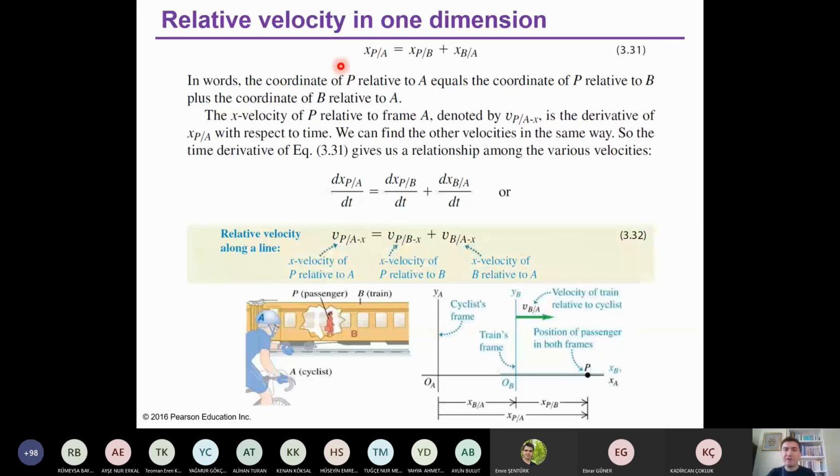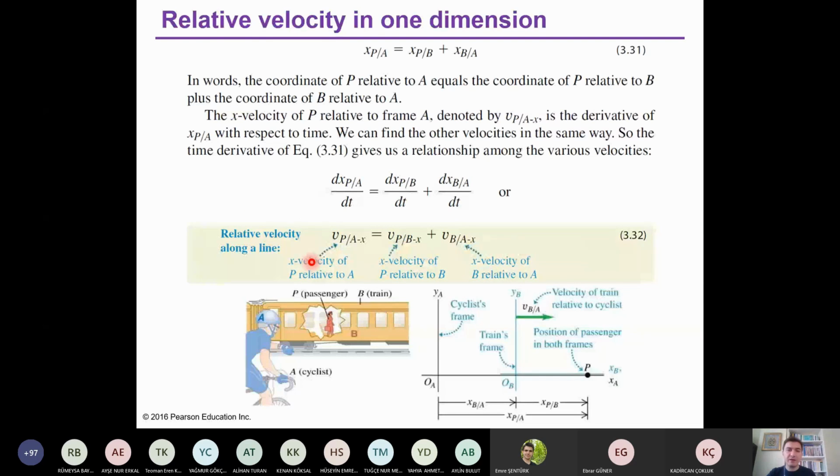If you take the time derivative of this one, then you will get velocities, right? Time derivative of position displacement gives us the velocity. So relative velocity along a line.